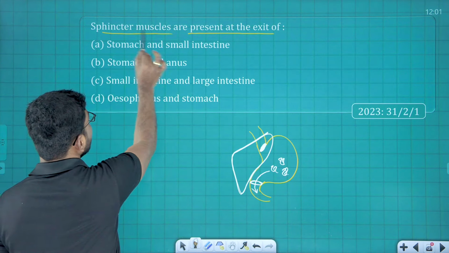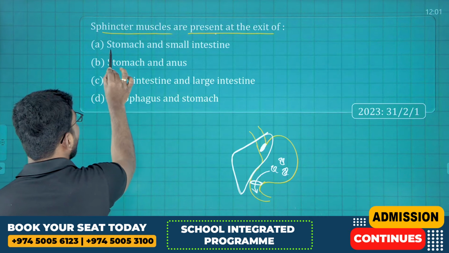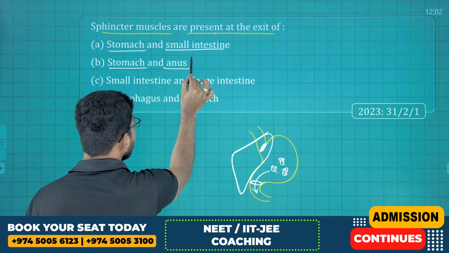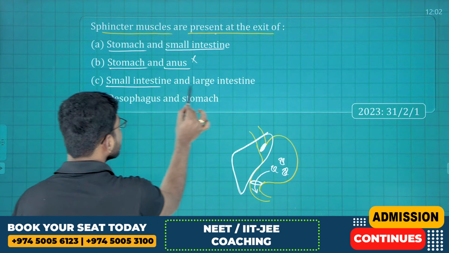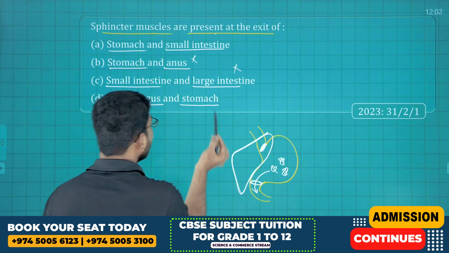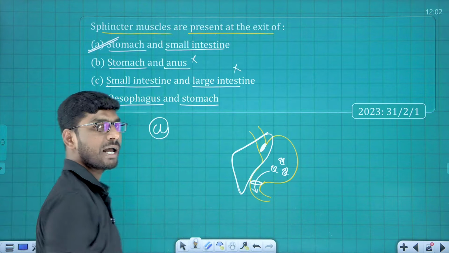The sphincter muscles are present at the exit of: stomach and anus, no. Small intestine and large intestine, no. Esophagus and stomach, no. The right answer is stomach and small intestine.